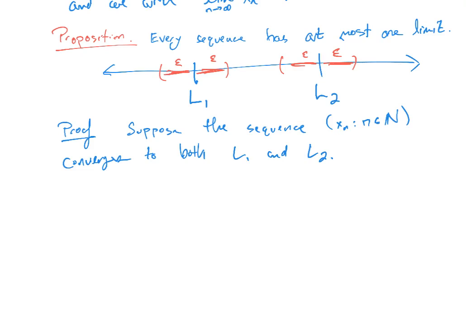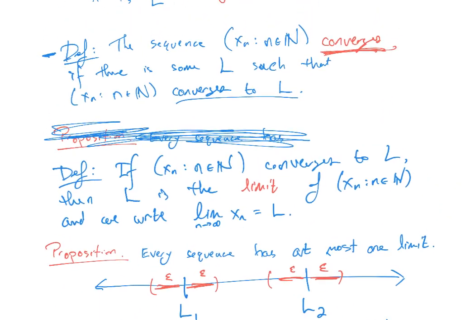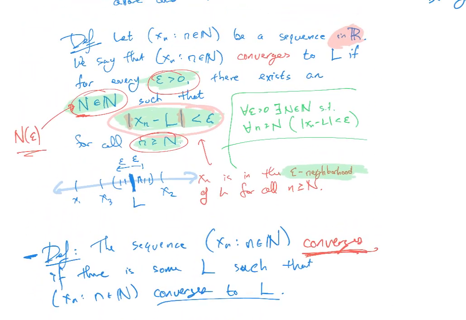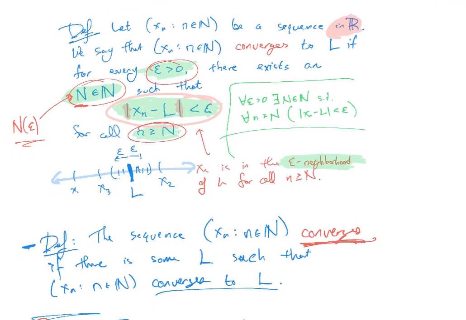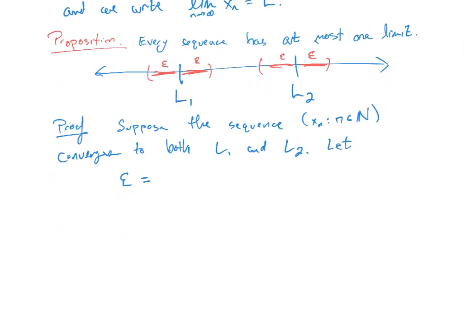And then the sequence will give us our capital N. So I'm going to define the epsilon. I want the epsilon to be such that you can't be within epsilon of both L1 and L2.